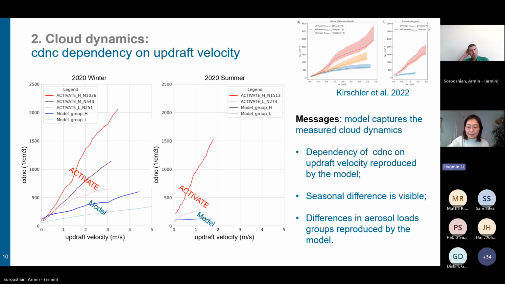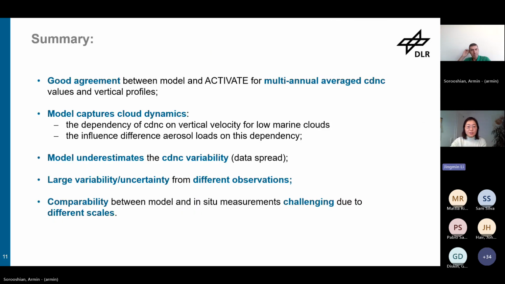Okay, next slide, please. So to sum up, we do see a good agreement between a coarse global model and ACTIVATE measurements for multi-annual mean CDNC values and the vertical profile of CDNC values.